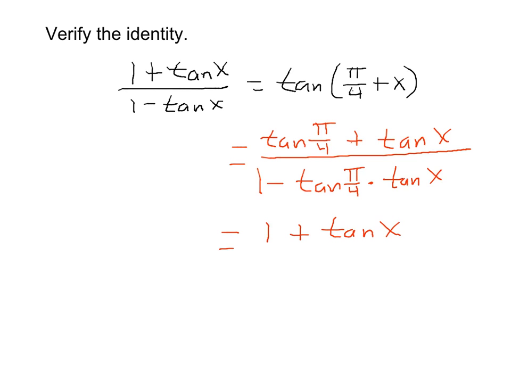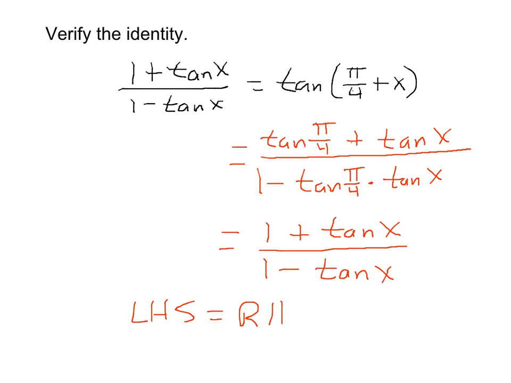So already I'm starting to look like my left side of the equation. 1 minus tangent of pi over 4 is 1. We just did that in the numerator. 1 times tangent of x is tangent of x. Left hand side equals right hand side, and so I just verified my identity.